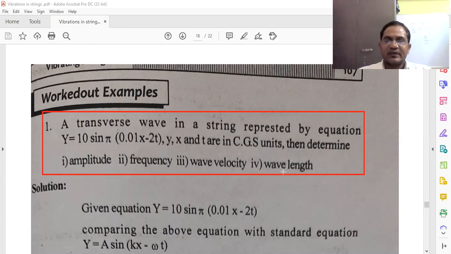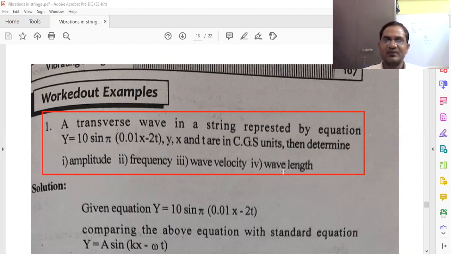First, observe which form the given equation has. The propagating transverse wave equation has different forms: y equal to A sin(omega t minus kx), A cos(omega t minus kx), y equal to capital A e power j(omega t minus kx).